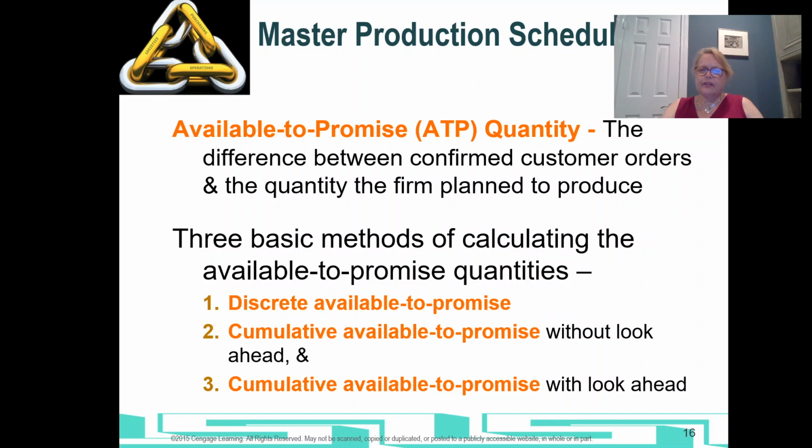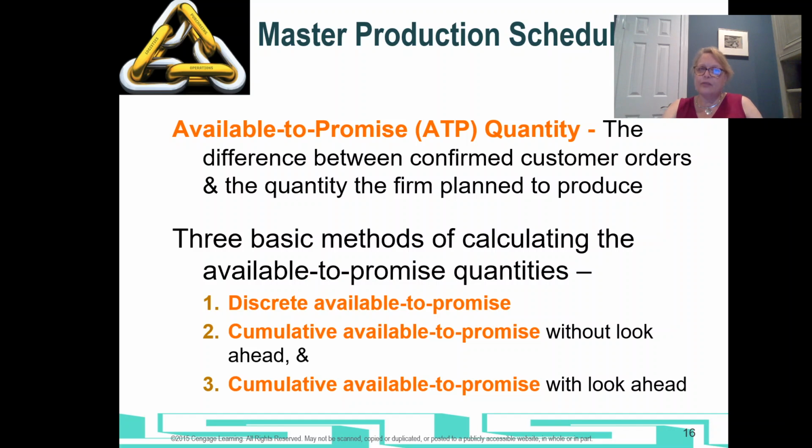But my cumulative available to promise could be that I know that I'm going to get some toward the end of the week. So without a look ahead, my cumulative available to promise is I'm making 5 every day. I'm getting 5 more every day. So that would make it 130. Cumulative available to promise with a look ahead means how many am I making? How many orders do I have for the ones I'm making?